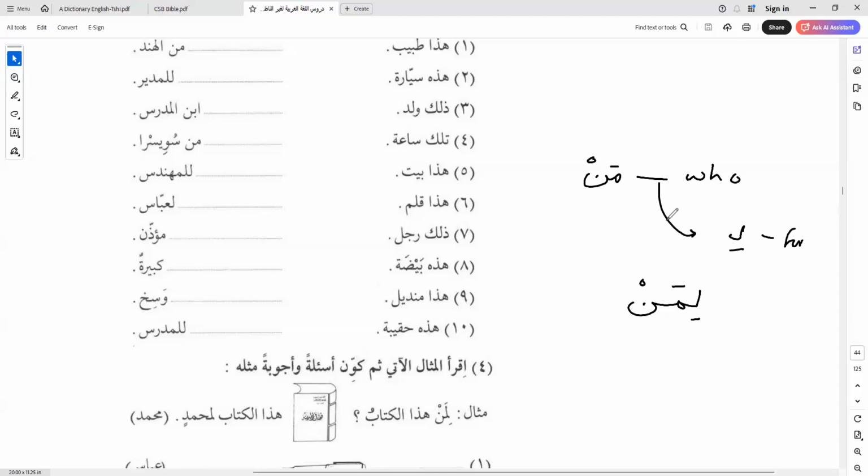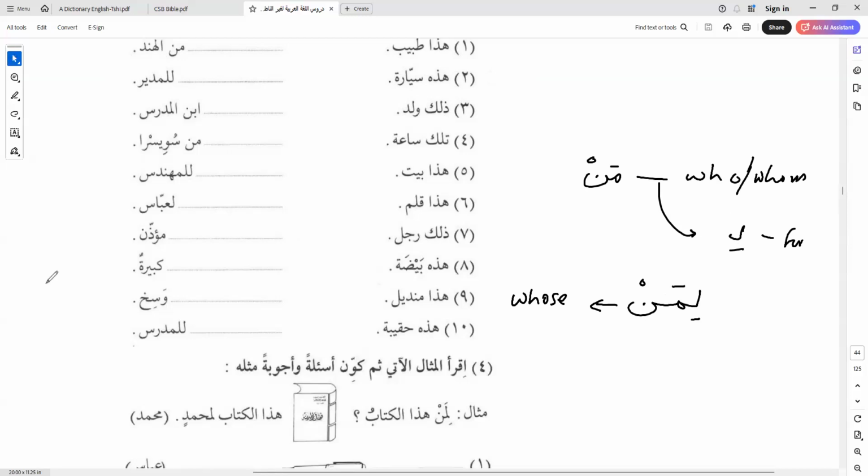But in English we don't say that. We have a single word for it, whose, because we use whose in English to indicate possession. Whose pen is this? In Arabic it's liman. But if you separate the li from the man, it's going to be for who, or you can say for whom, depending on whether you're talking about subject or object.